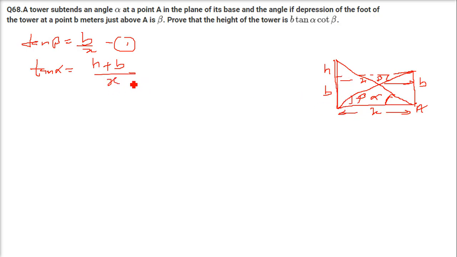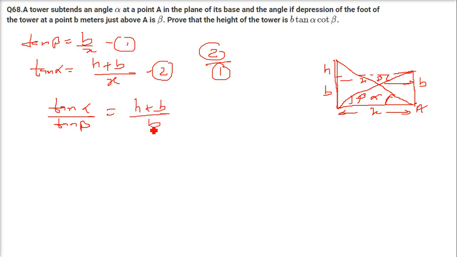So H plus B by X. So what I can do, I can just divide these two, I can divide 2 by 1. So what do I get? I get tan alpha divided by tan beta equal to H plus B by B.